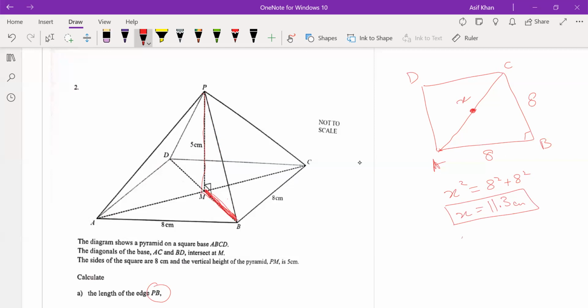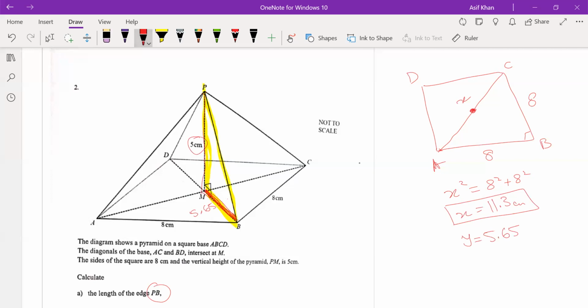So this one I call y is equal to 5.65, you are saying. Am I right? Yes, 5.65 is this one, right? The height is 5. So now I am taking this right angle triangle, P, M, B. This is the side view.